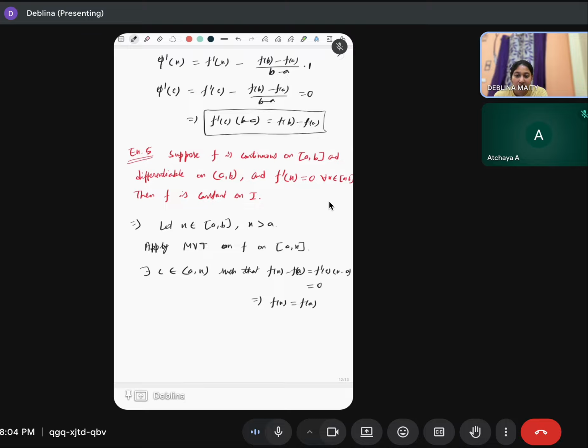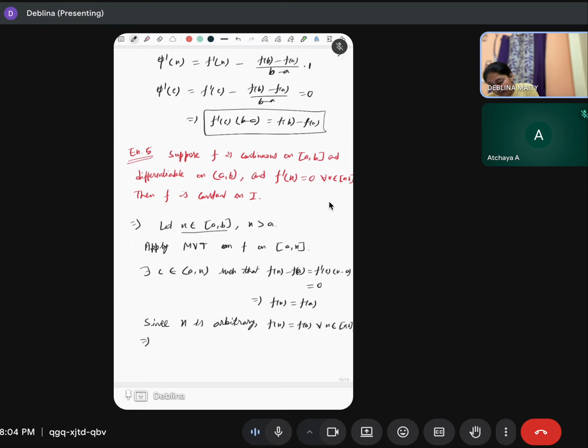Since the x we have chosen is arbitrary, f x equals f a for all x in the closed interval [a, b].